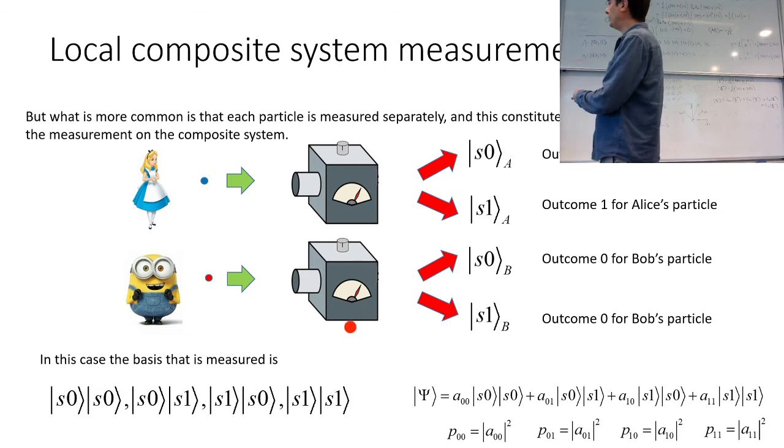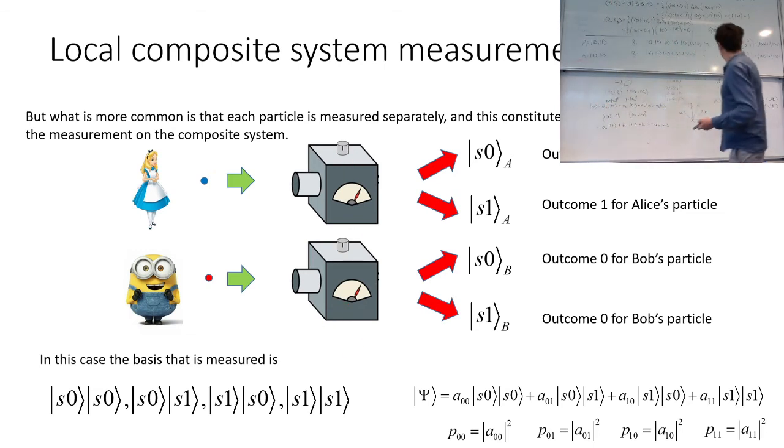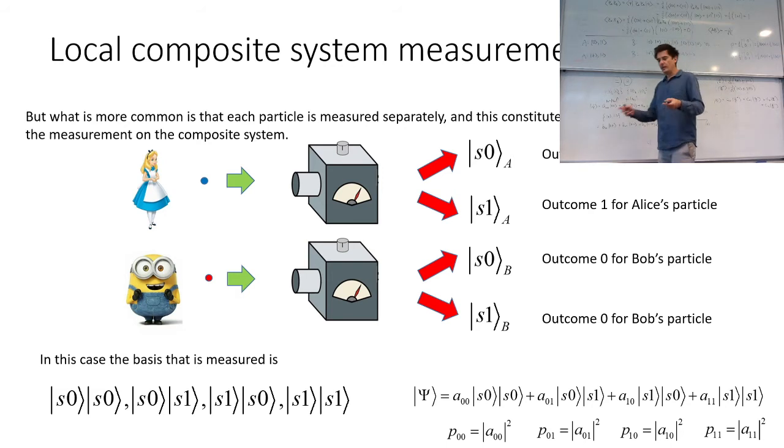And if they're measured by separate boxes, then you normally don't get this situation that I was talking about here, because you would need some rather complicated measuring device to achieve this, whereas this one just means each particle goes in each box, and then each box you measure in some basis, so it might be 0, 1, might be plus minus, might be something else.